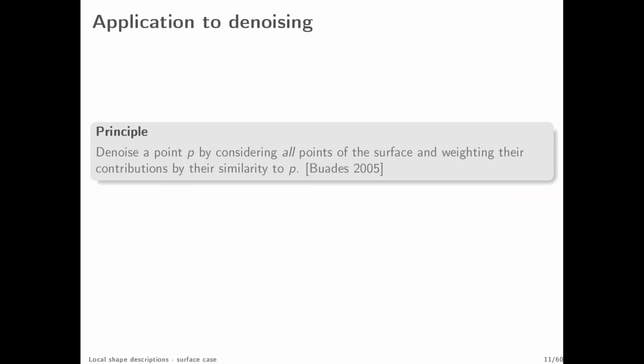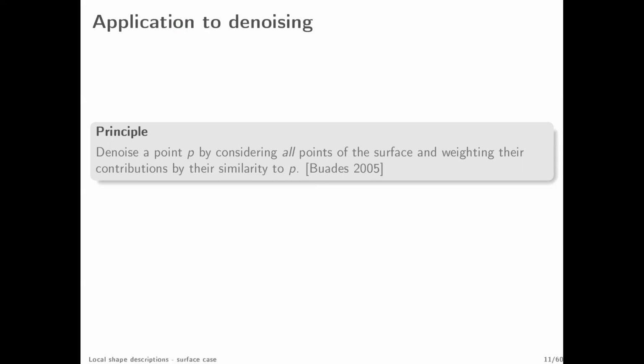Okay, so let's have a look at what we can do with this kind of very natural descriptors. The first application would be denoising. So let's try to remove noise, which is included in some scan, which is just a measurement error or some other noise which can come from various sources.